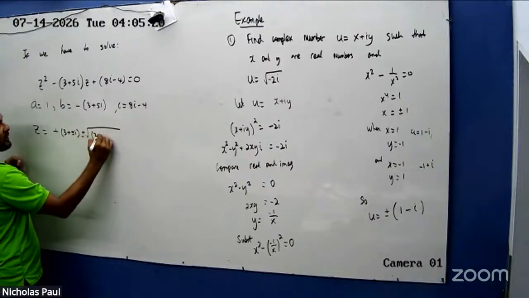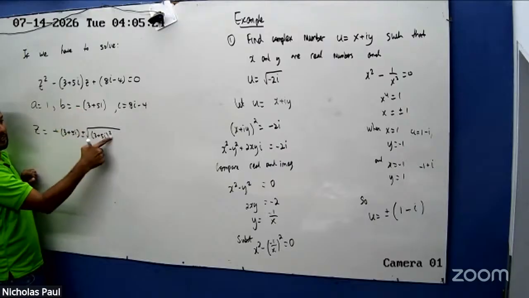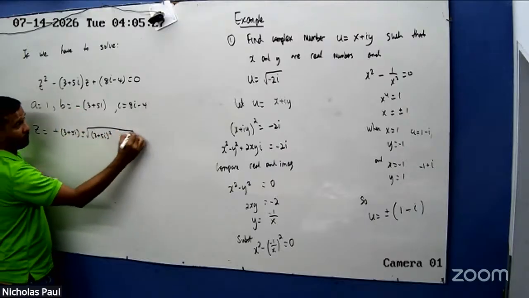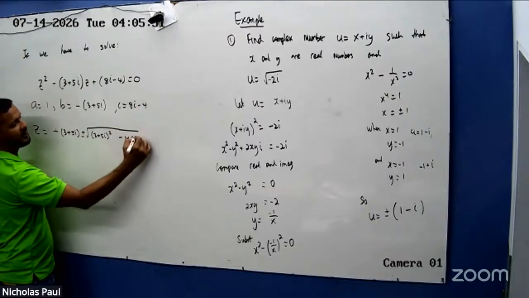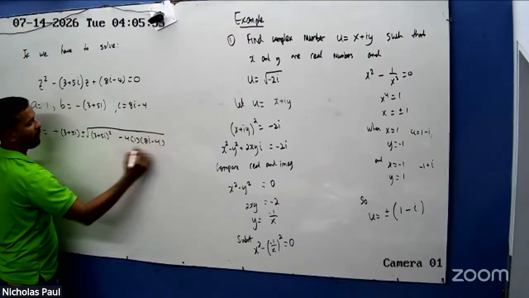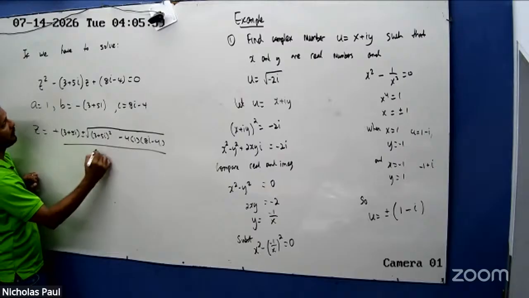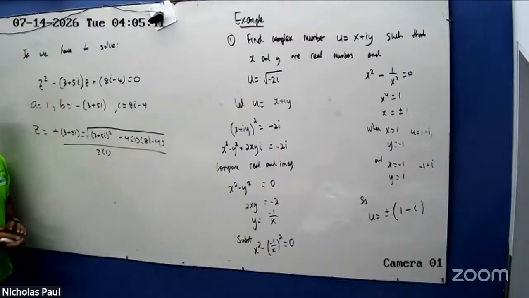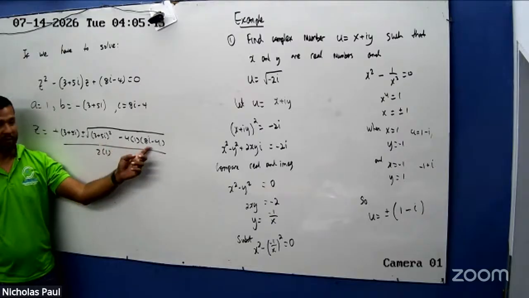B squared is (3 plus 5i) squared. I'll leave out the minus sign because you're squaring it. Minus 4 times A times C, all over 2 times A. This is the part that's important here. I want to see us simplify that part out.